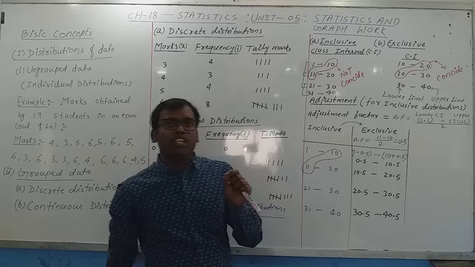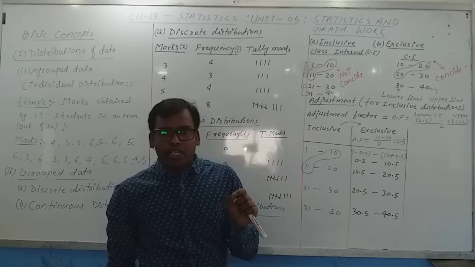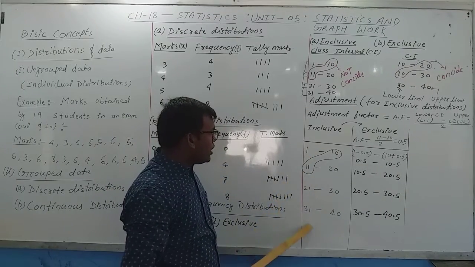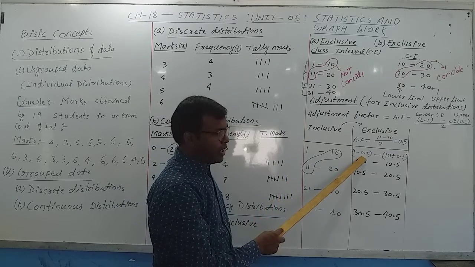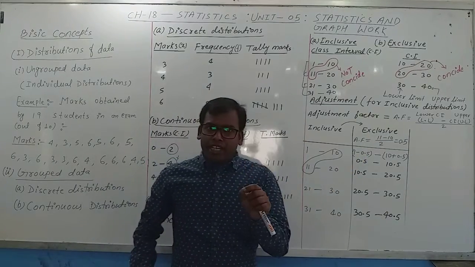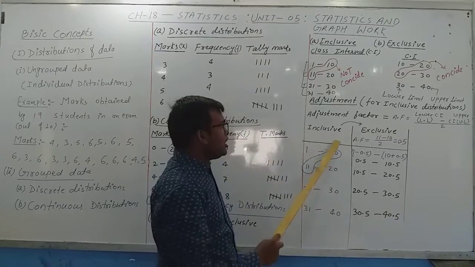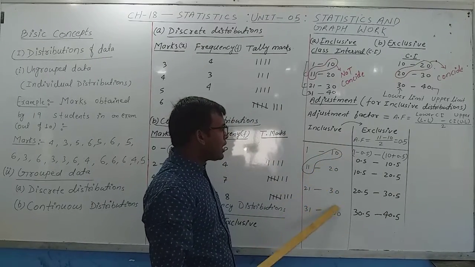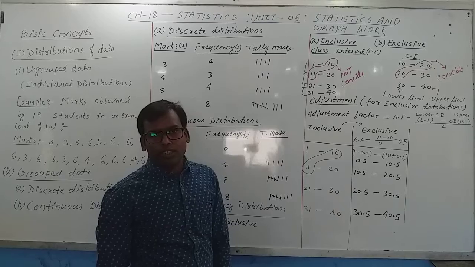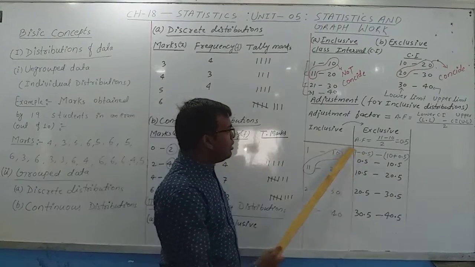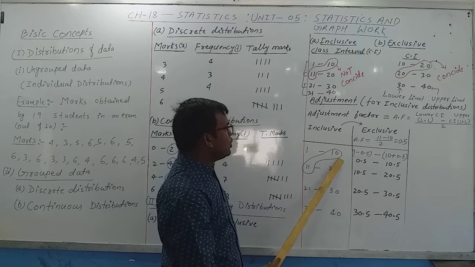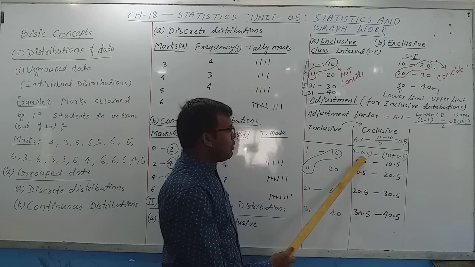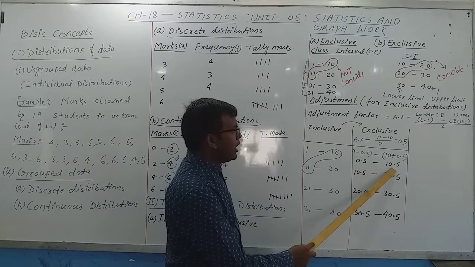0.5. That means we need to subtract 0.5 from each lower limit of the inclusive data and add 0.5 to each of the inclusive upper class limits. Is it clear? That means I have done the first class interval, that means 1 minus 0.5 to 10 plus 0.5. It will come 0.5 and it will come 10.5.